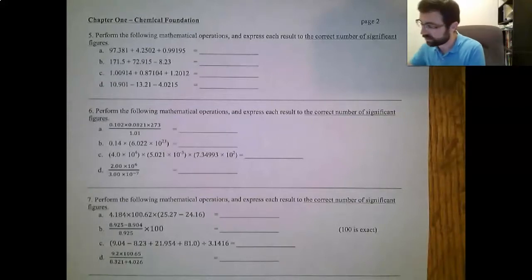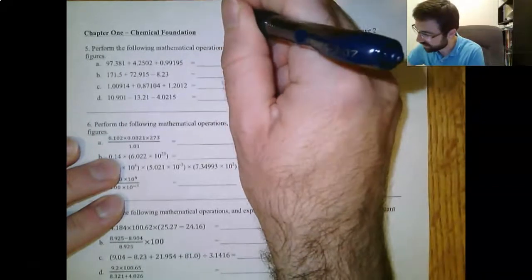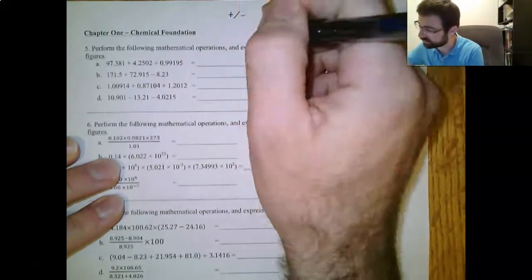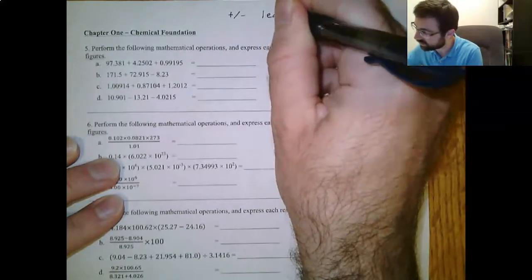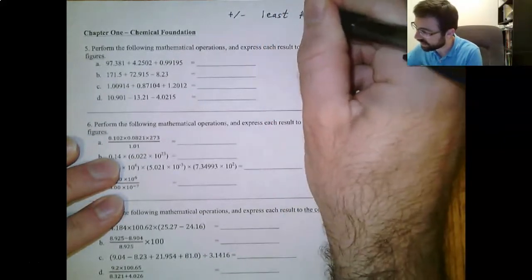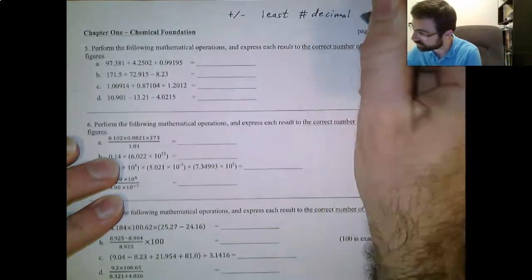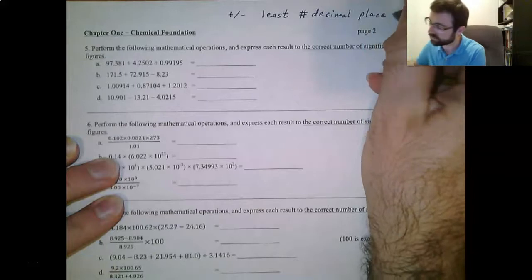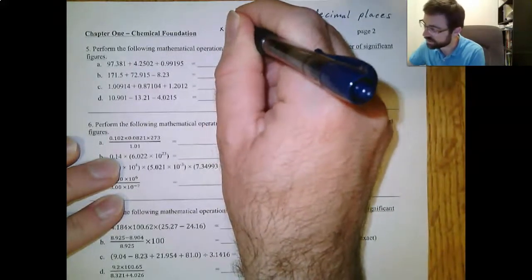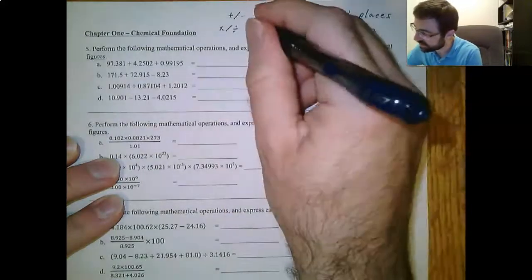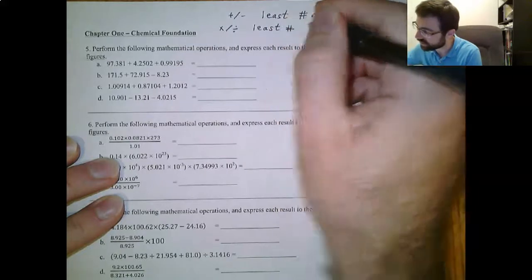So if you'll remember, and I'm just going to write this up here, addition and subtraction, we're going to keep the least number of decimal places. With multiplication or division, we're going to keep the least number of sig figs.